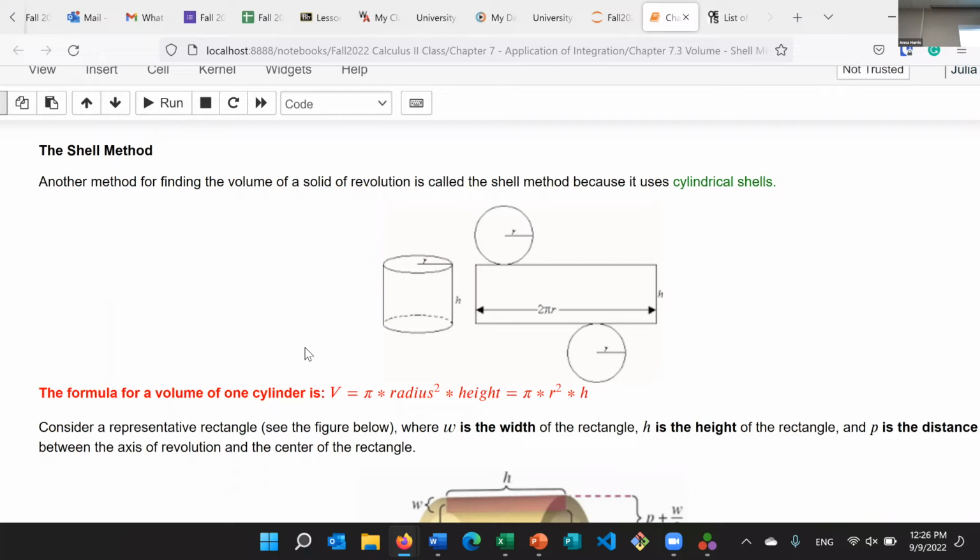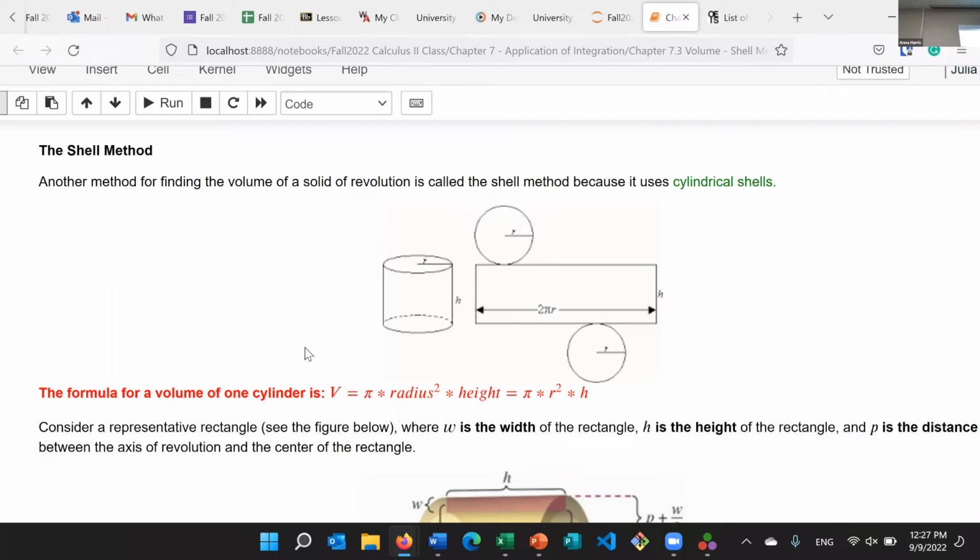So in other words, when you open up the cylinder, you will see it looks like a rectangle in the middle part. This part right here looks like a long rectangle. Okay? And then how do I find the bottom length? That's the same as the circumference of what? The circle on top or the circle on the bottom.